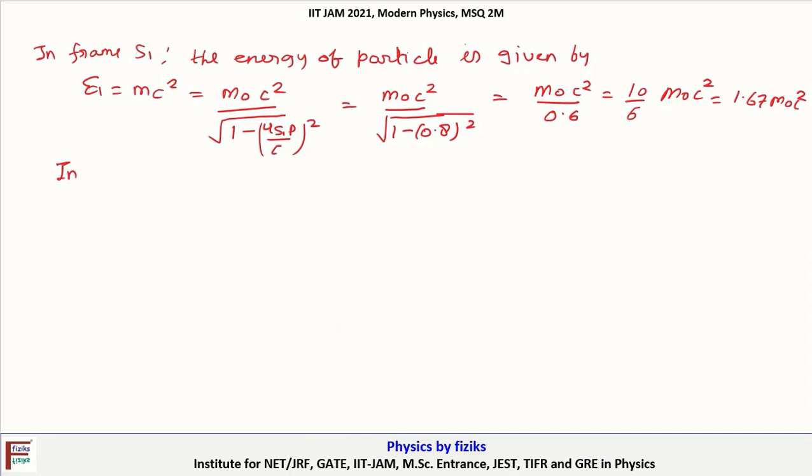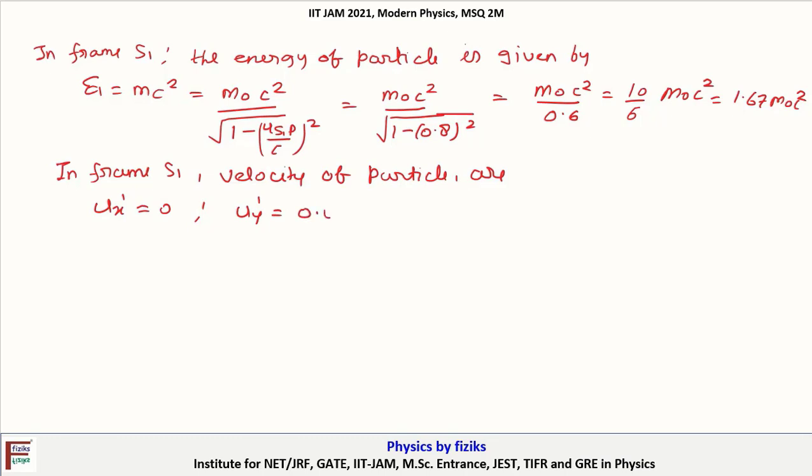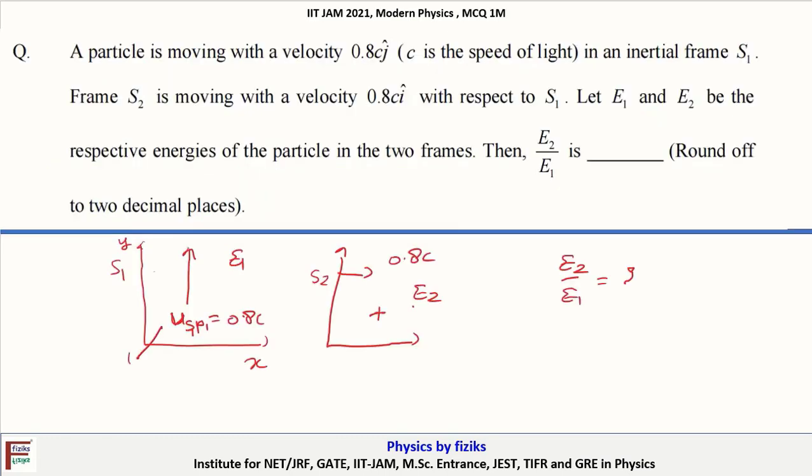In frame S1, the velocity of the particle is ux dash equals 0, uy dash is 0.8 c, and v is 0.8 c. Here I am defining ux dash, uy dash. The velocity of the particle observed in frame S2 will be ux and uy.